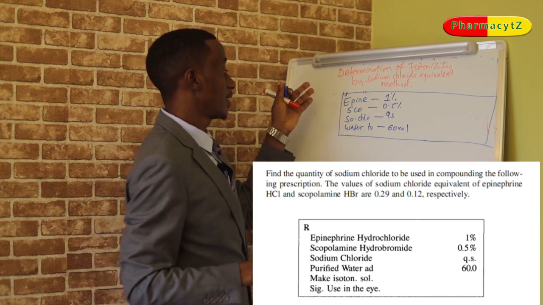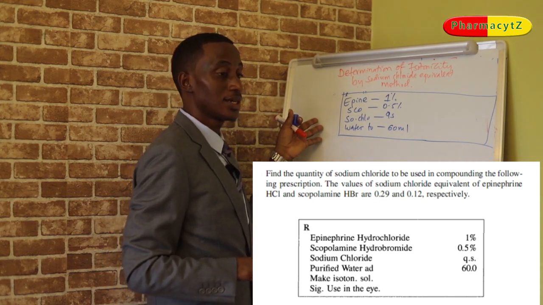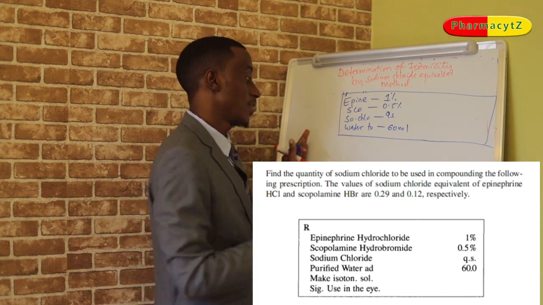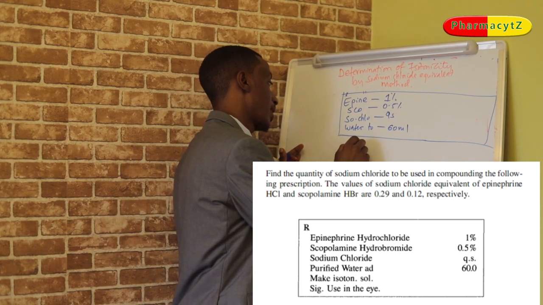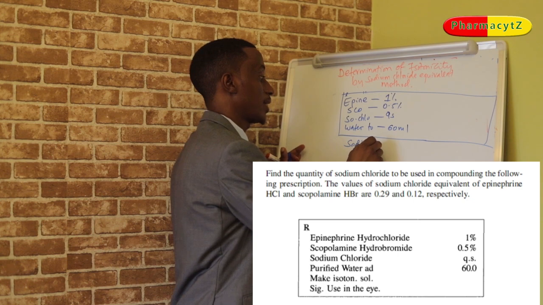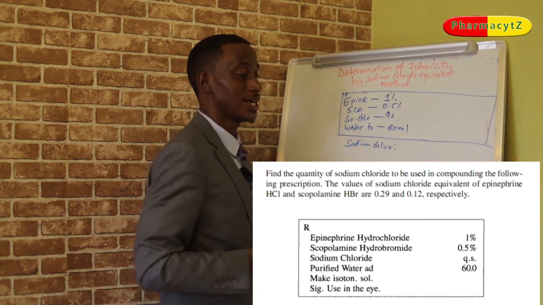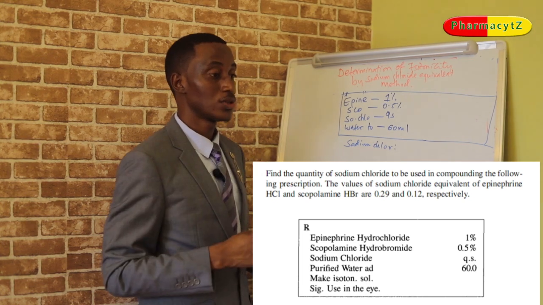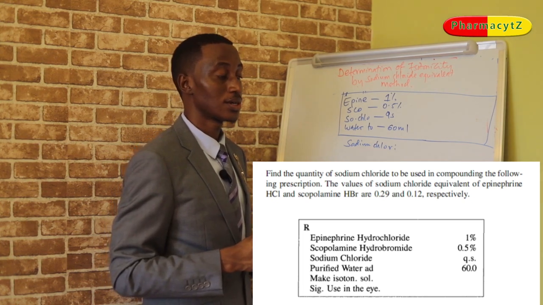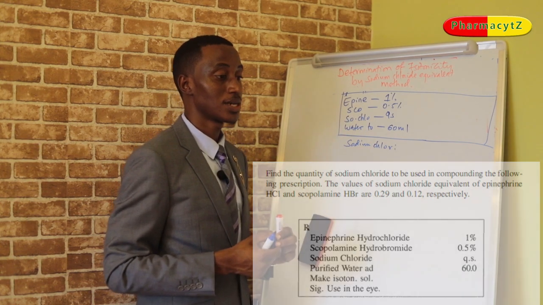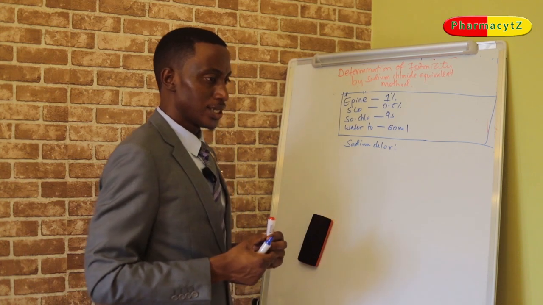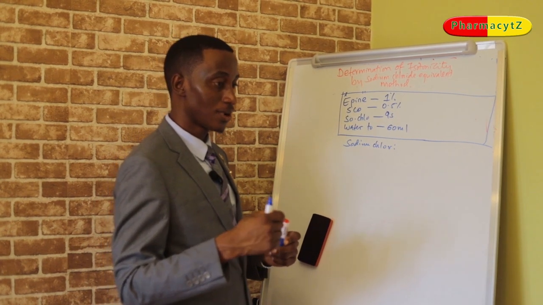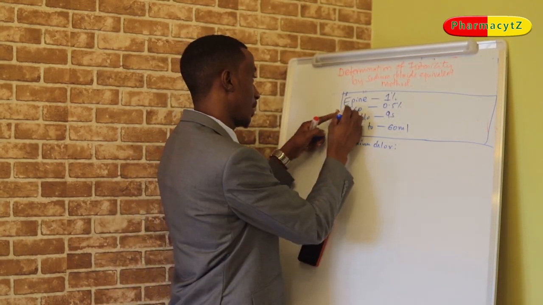In simple terms, this is unadjusted, meaning it is not isotonic with body fluids. We need to adjust it by using sodium chloride, which is the adjusting substance. As the question says, find the quantity of sodium chloride to be used in compounding the following prescription. Now, the sodium chloride equivalent values of epinephrine hydrochloride and scopolamine are as follows.